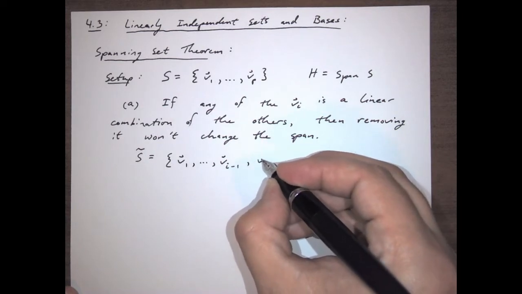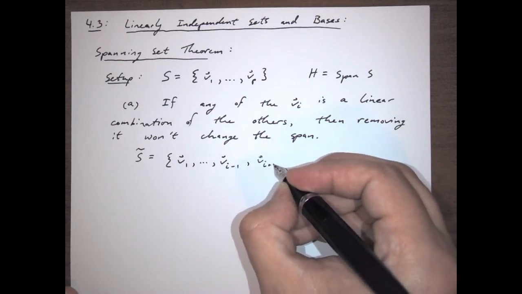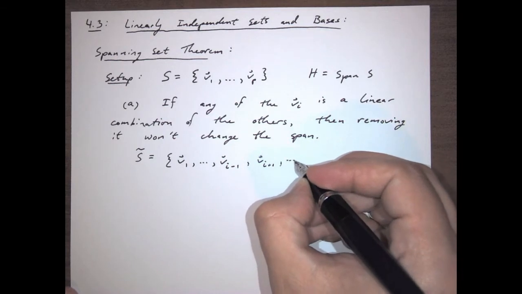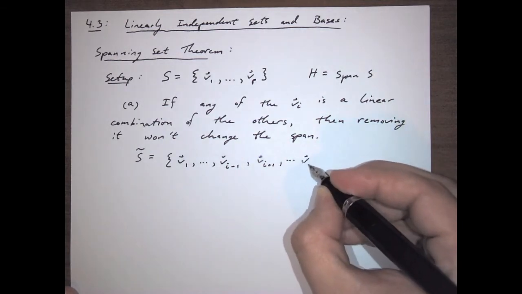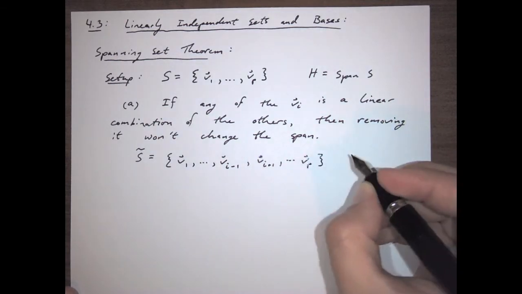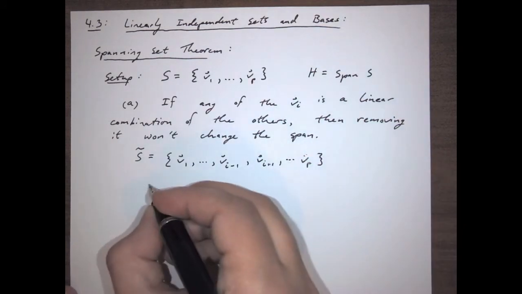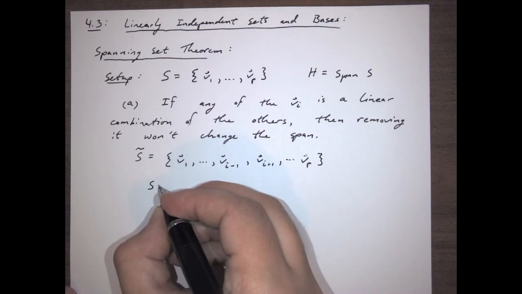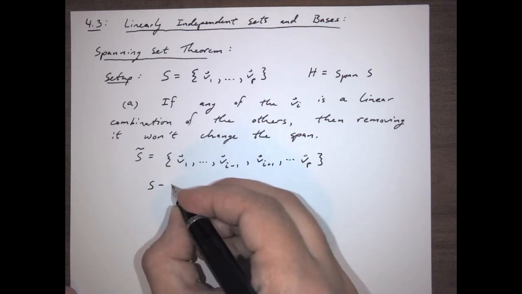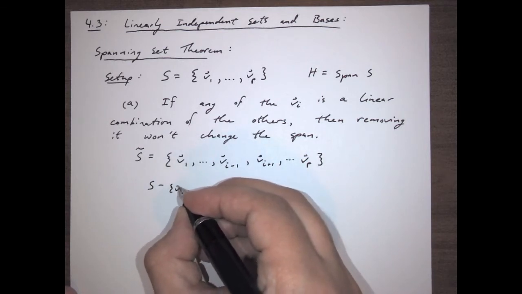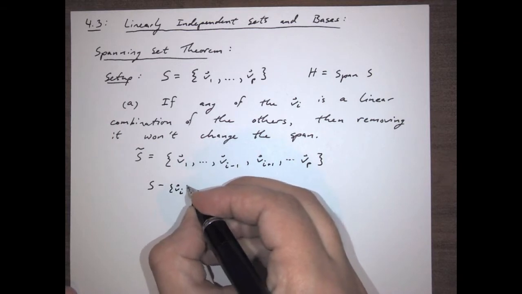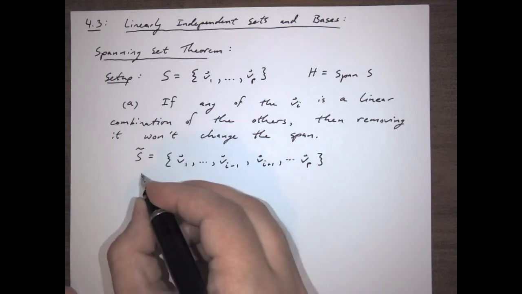Then we skip vi. So this is S take away vi.